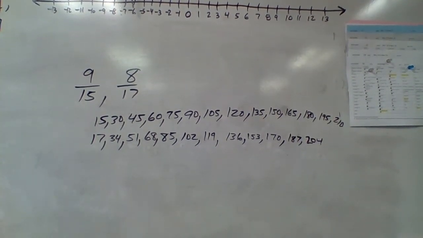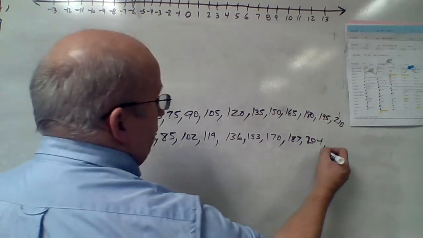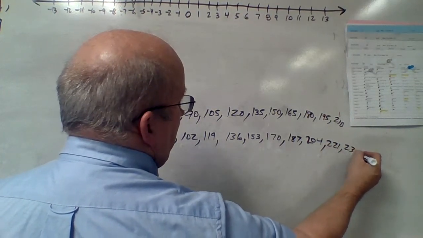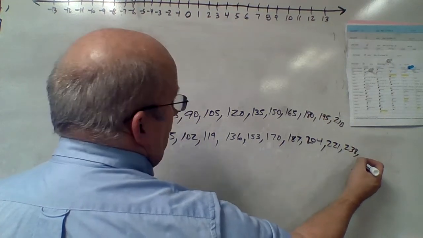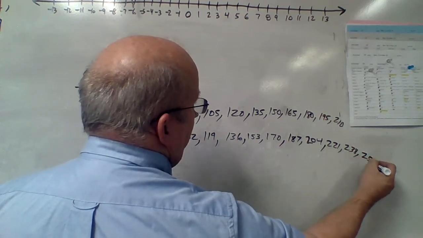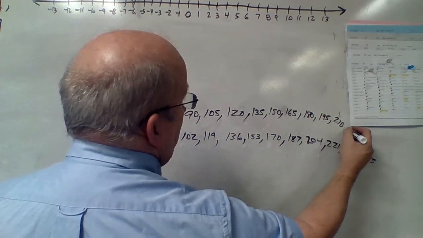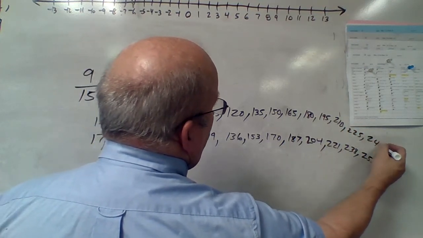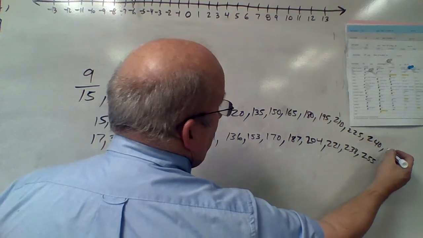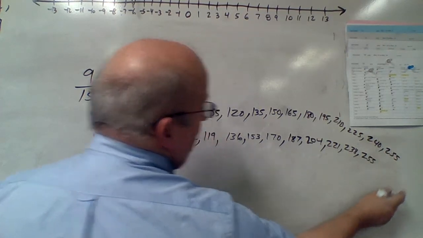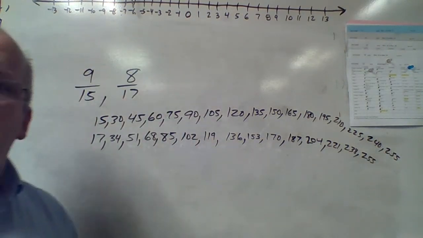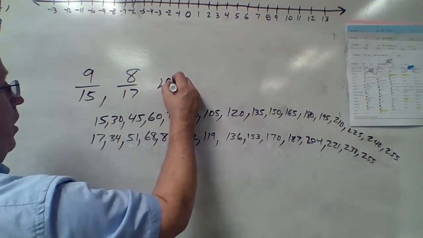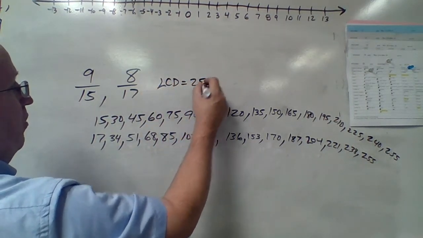I wonder if I made a mistake along the way. The next one down here is 221, then 238, and then 255. The next one up here would be 225, and then 240, and then wait a minute, there it is. It's 255. The least common denominator is 255.